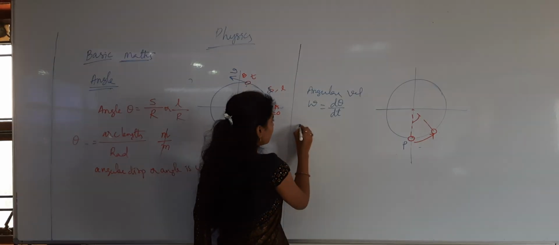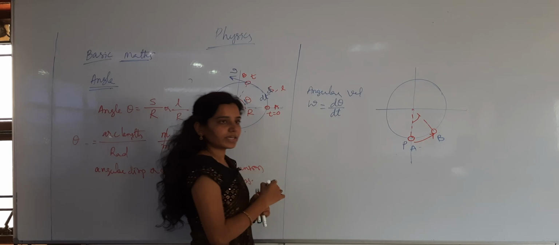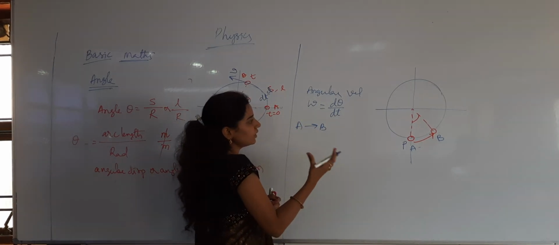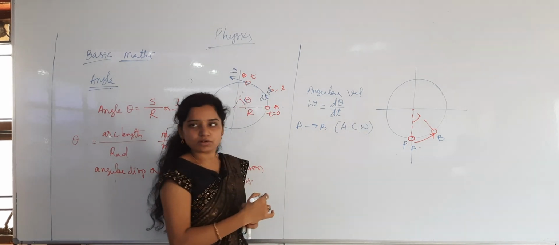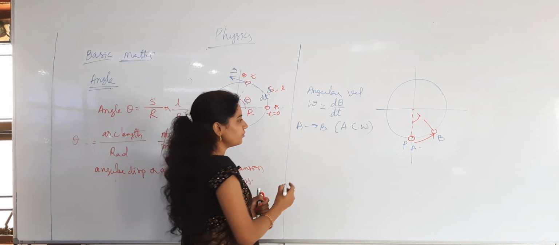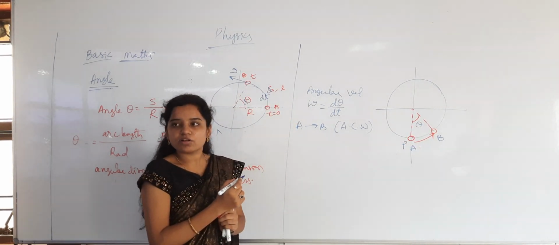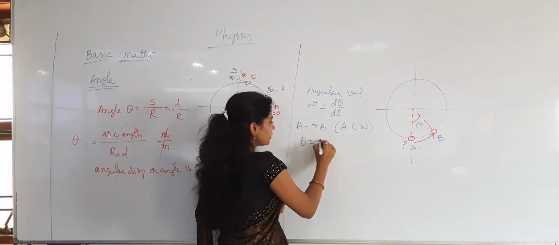Whenever the body is moving from, let me take A to B, A to B means which direction? That is the anti-clockwise direction. At that time theta is positive or negative? Anti-clockwise is nothing but theta positive.